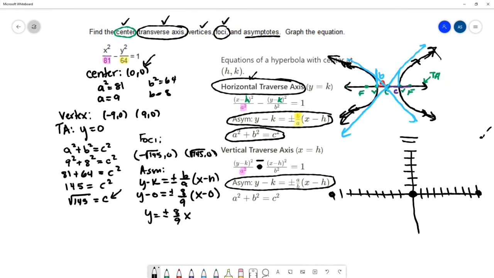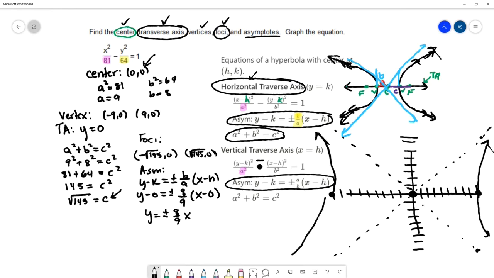That's going to help me to mark out where the asymptotes are. I'll go down by 8. That's the value of b. And this guides me to draw the hyperbola following those asymptotes.